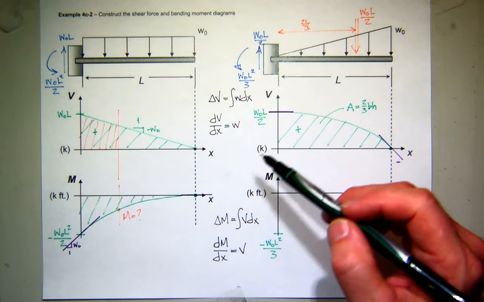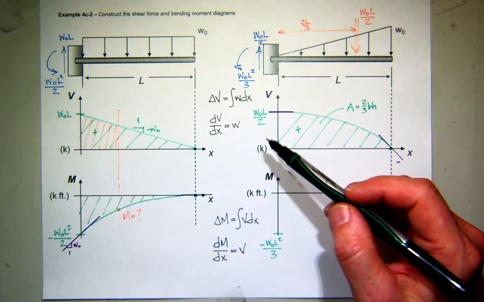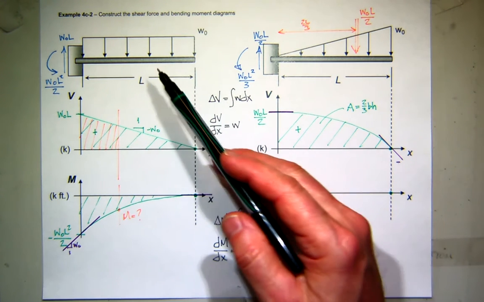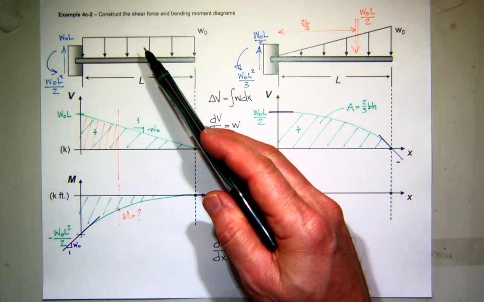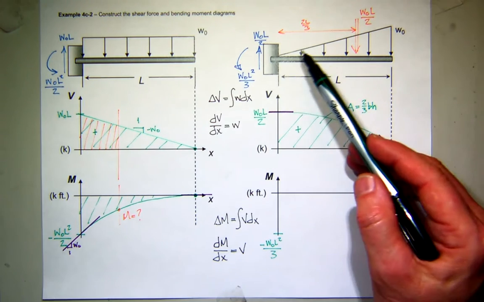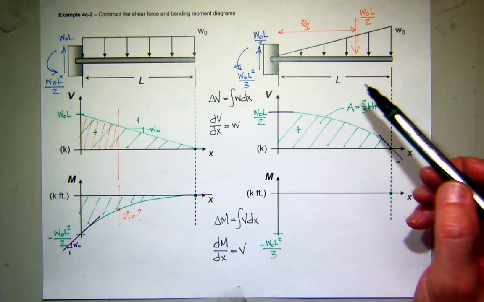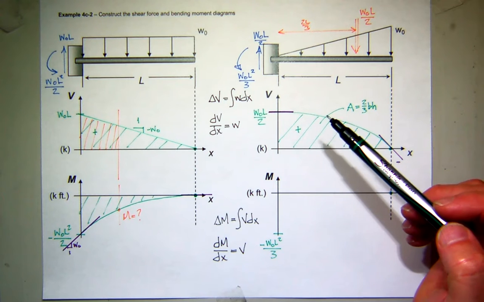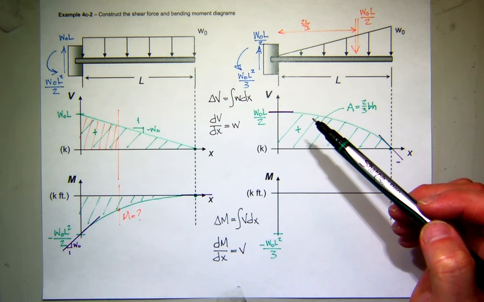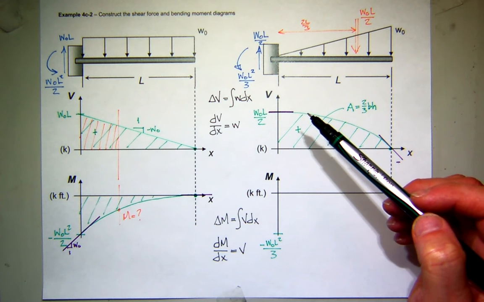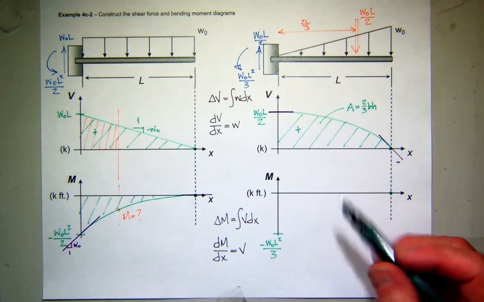So drawing shear force and bending moment diagrams is really good for point loads, for distributed loads that are constant. When you start getting to triangular loads, it gets a little problematic. I'm going to try to not start you off on these for a while. We'll move into those a little more slowly. That's my attempt anyway. So let's see if we can finish this part of the problem up.